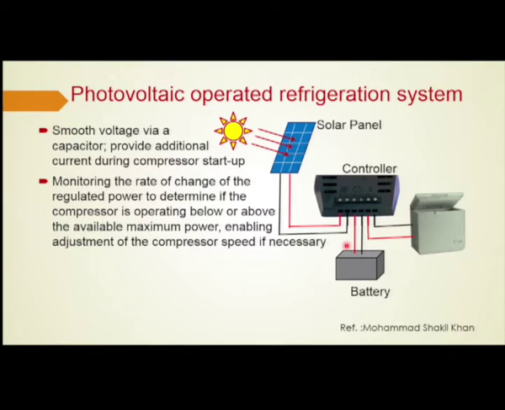More heat will be generated. To avoid it, the controller monitors the rate of change of regulated power, and it always regulates the power to the compressor, battery and other electrical equipment connected in the system.